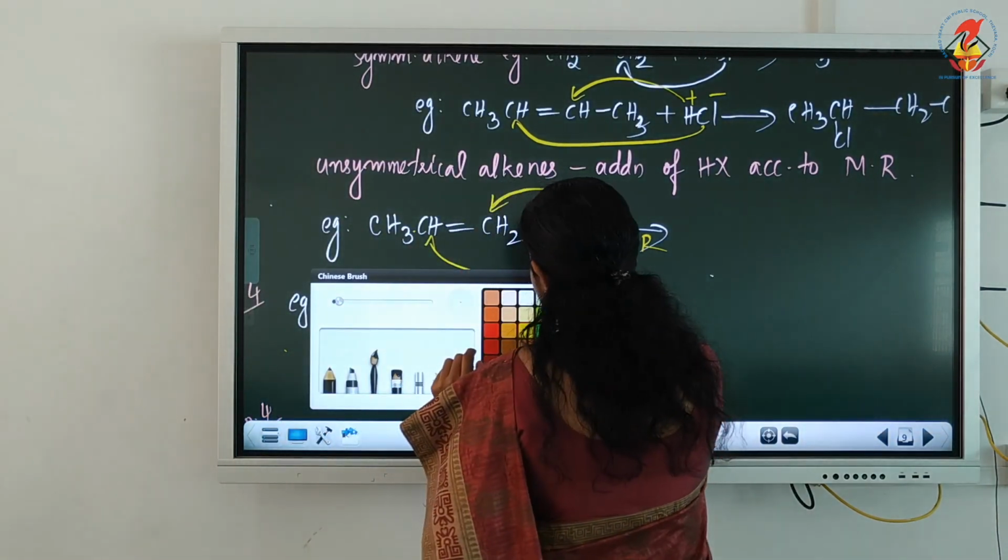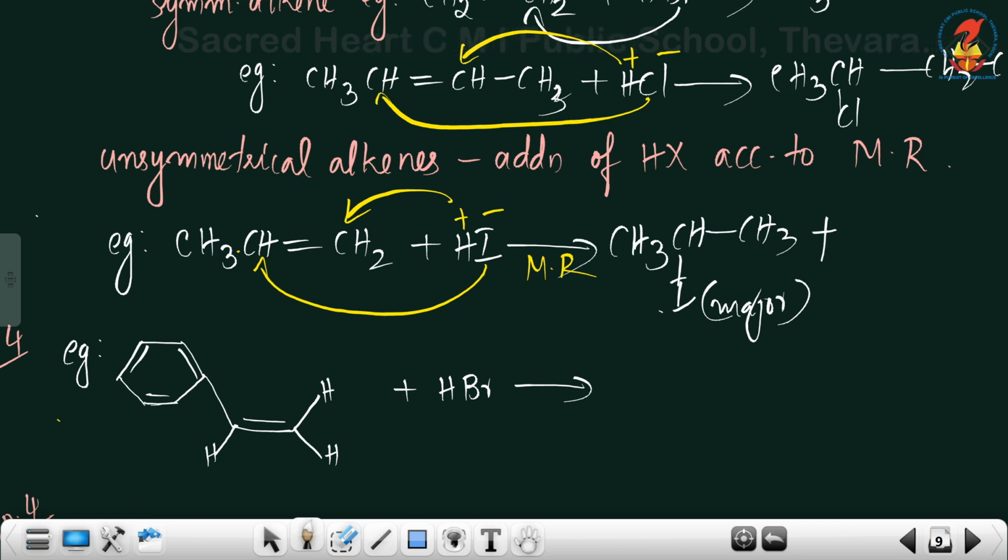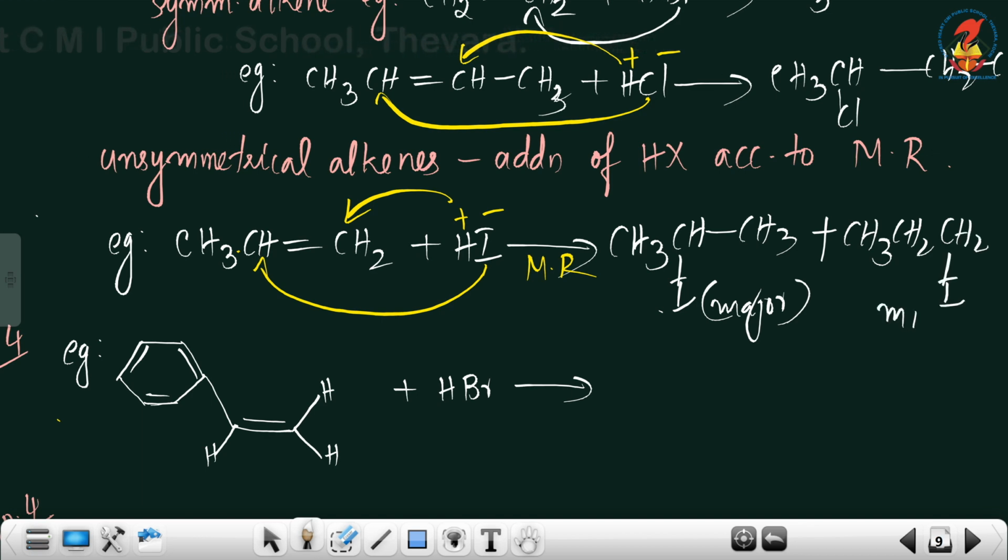So the major product will be CH3-CHI-CH3, plus the minor product CH3-CH2-CH2I, according to Markovnikov's rule.